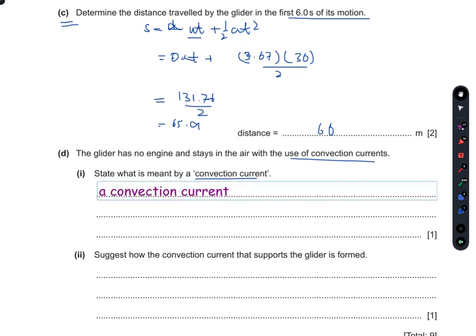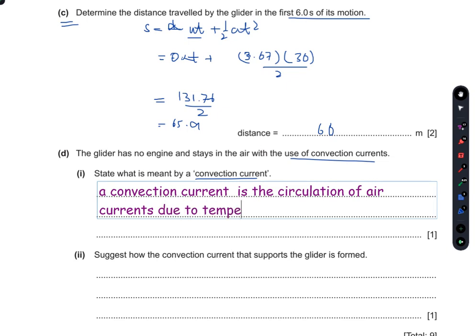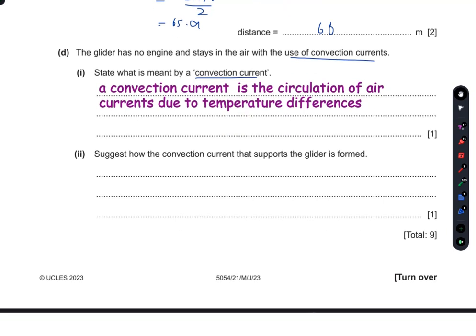A convection current is the circulation, the movement of air currents due to temperature differences, and these temperature differences later on help the body to move. So that's your answer.